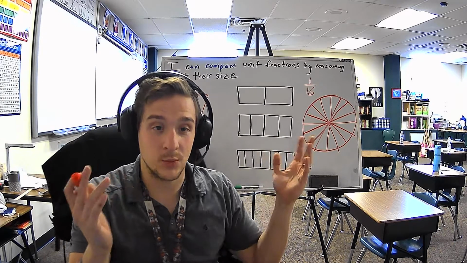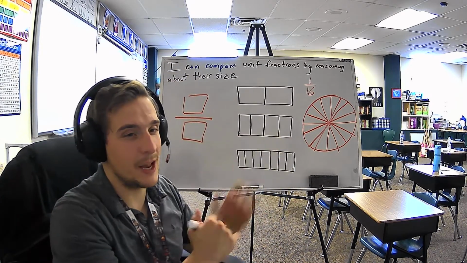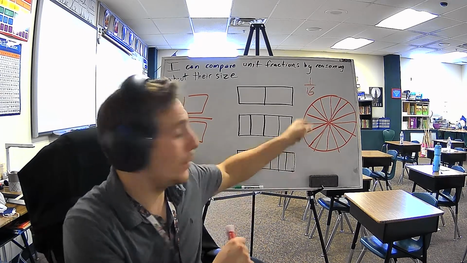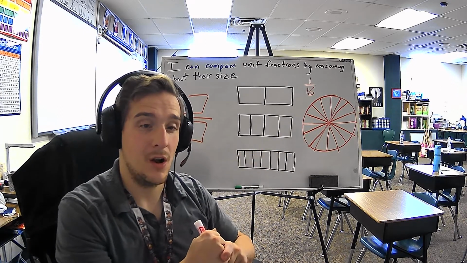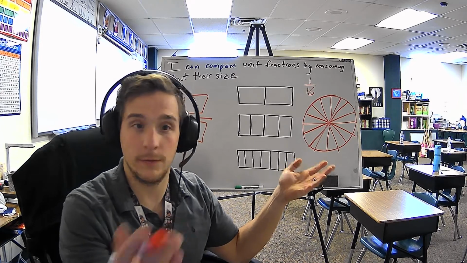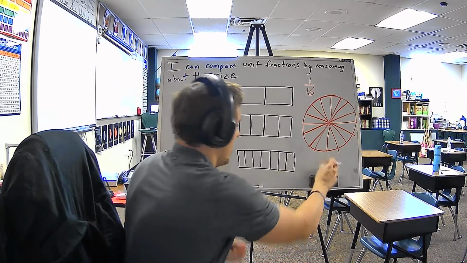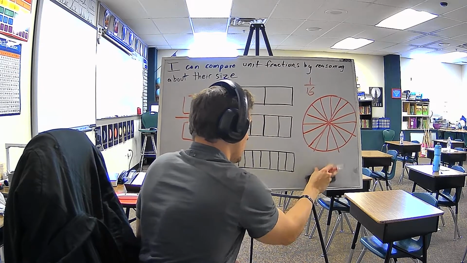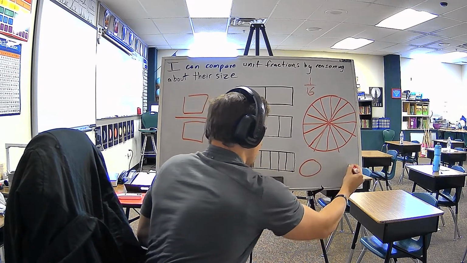Let's say this was your favorite type of pizza. You love this type of pizza. And you're only allowed to have one slice. Would you rather have 1/16 of a pizza? Or would you rather have 1/4 of a pizza? And give you another visual right here. Ooh, my goodness, that was not a very good circle. 2 circles here.